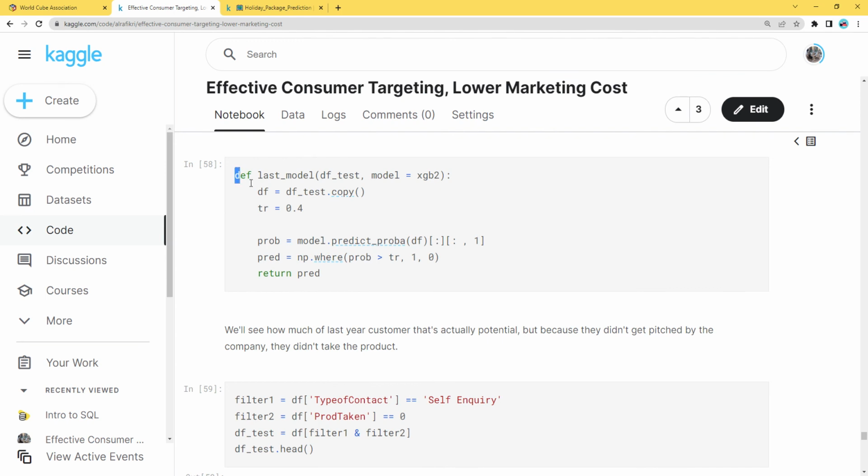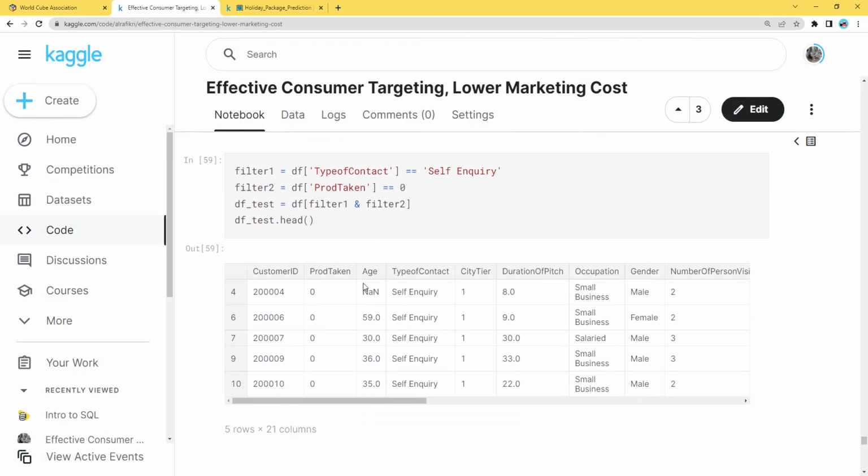And here is just a compilation of my model. So threshold 0.4, and the model is XGB2, the resampled one. And yeah, that's basically the model.